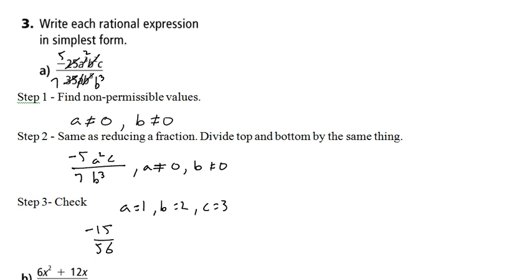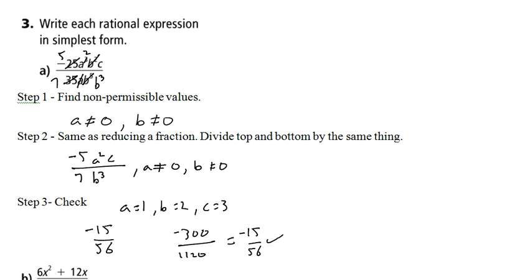And if I put it into the original up top, I'm going to end up with negative 300 over 1120. Which, if I divide top and bottom by 20, I find out is the same as negative 15 over 56. So we're good.